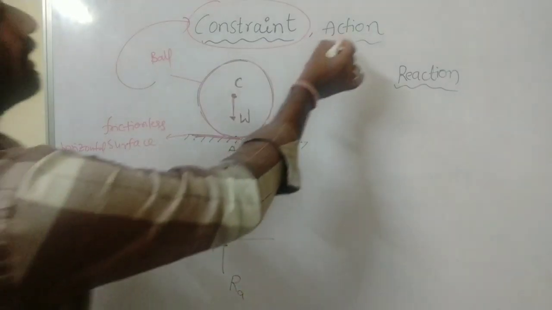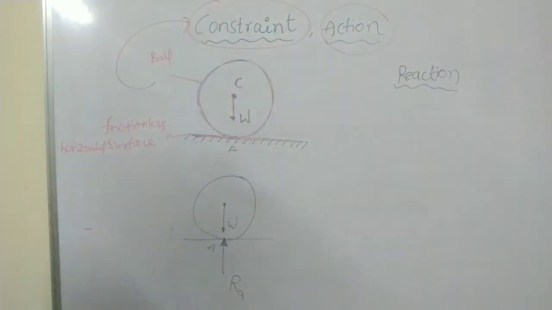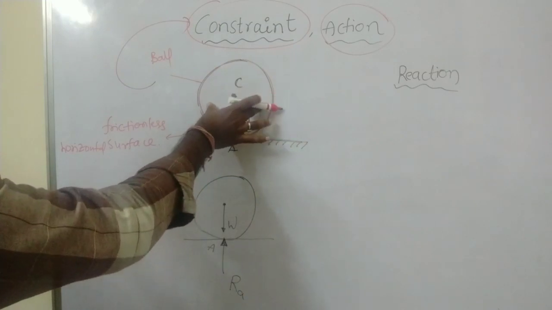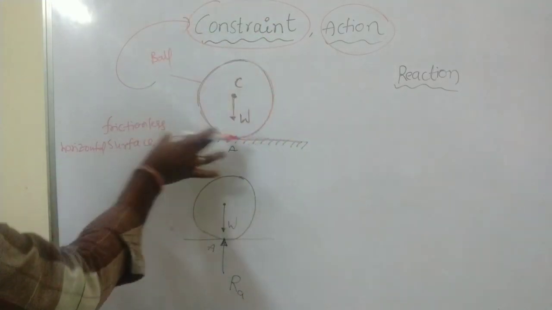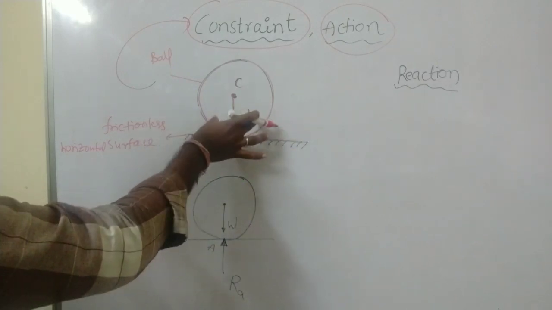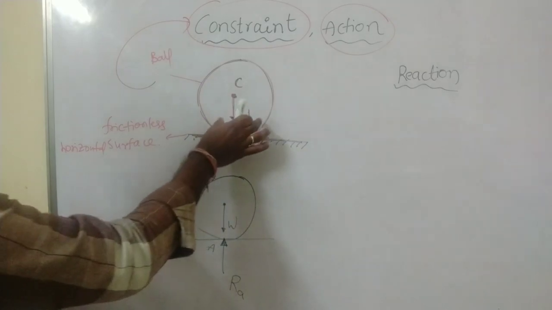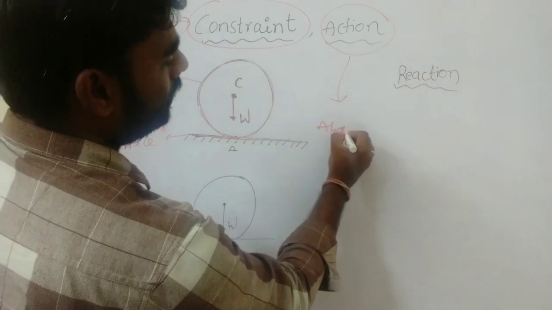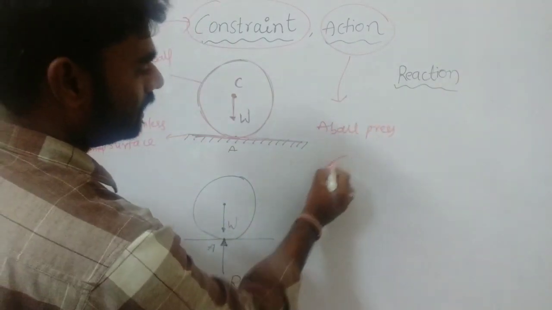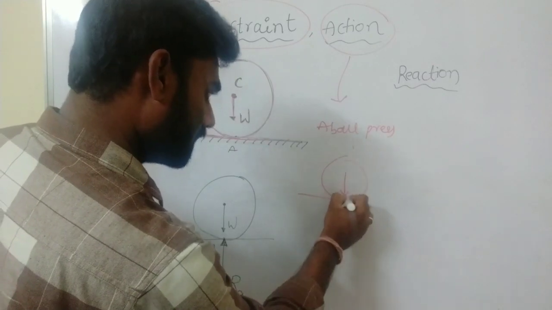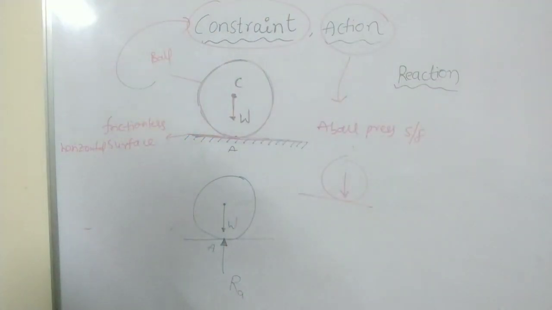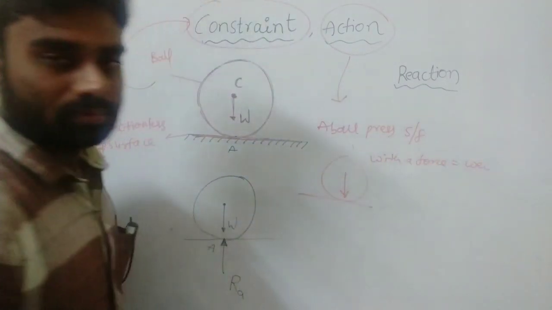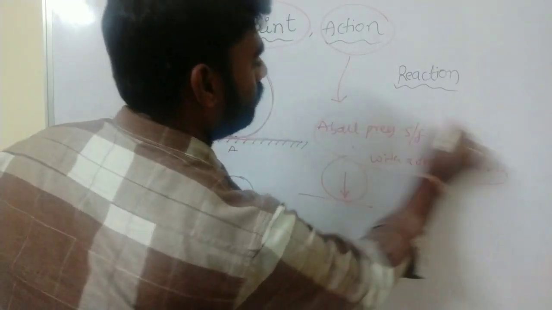Next one is action. What is the meaning of action? Definition: the ball presses the surface with a force equal to its weight. So the definition of action is a ball pressing the surface with a force equal to its weight.